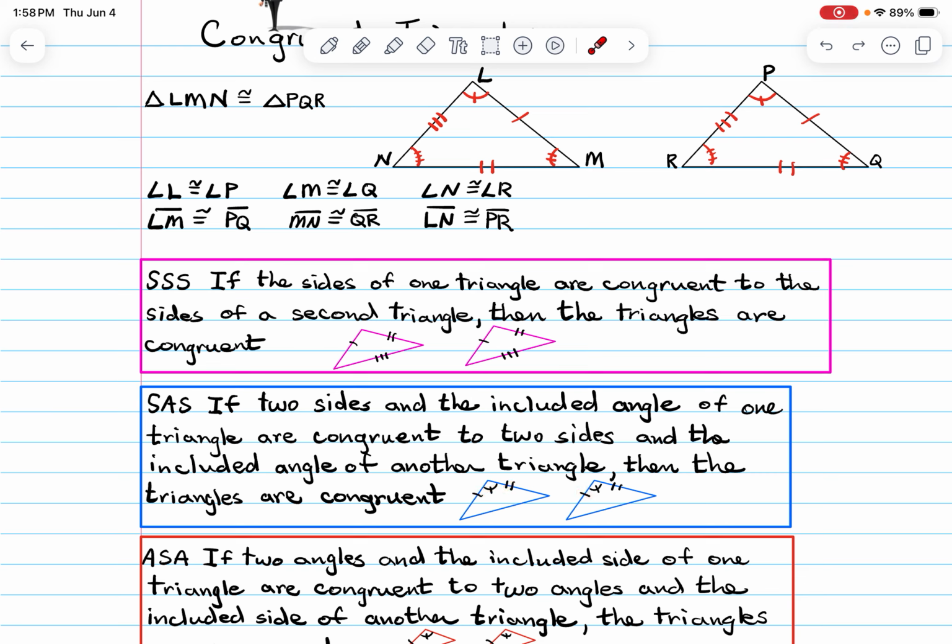Whenever you see that situation, SAS, that's enough to tell you that those two triangles are congruent. You don't have to know what this side is. You don't have to know what these angles are. If you see side, angle, side in both of these, then you know enough to say that those triangles are congruent.